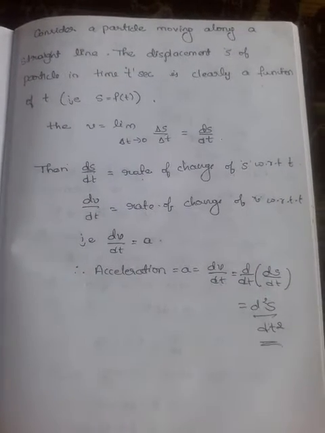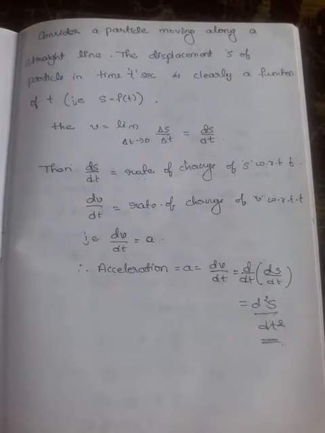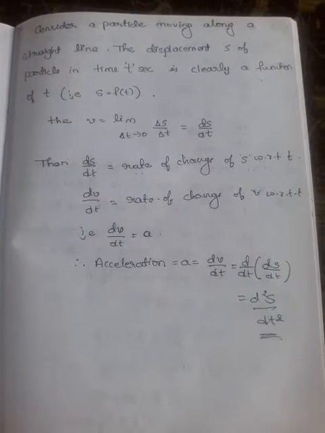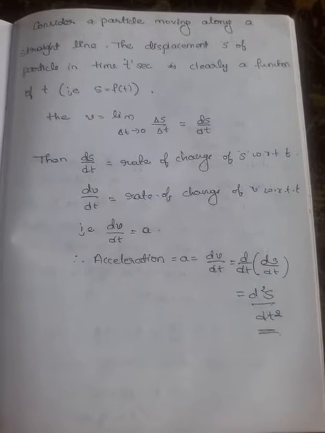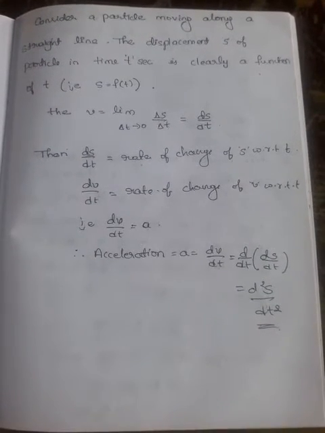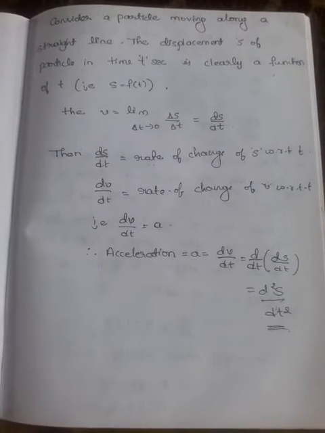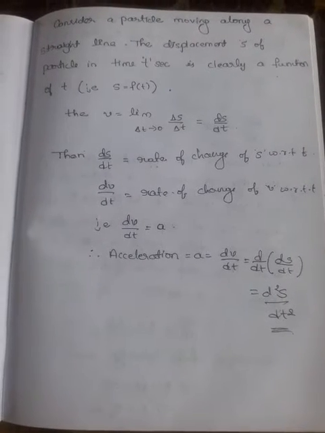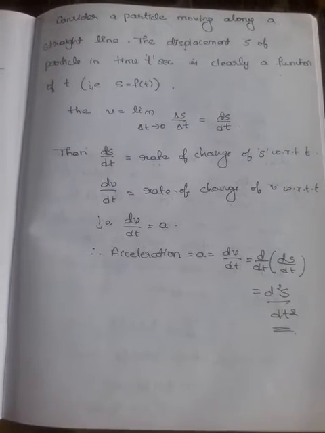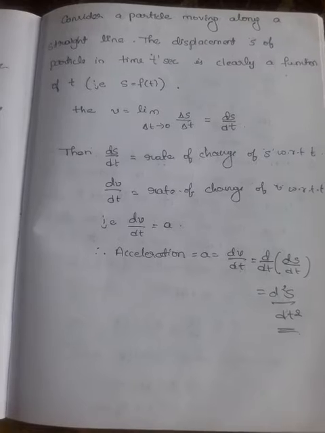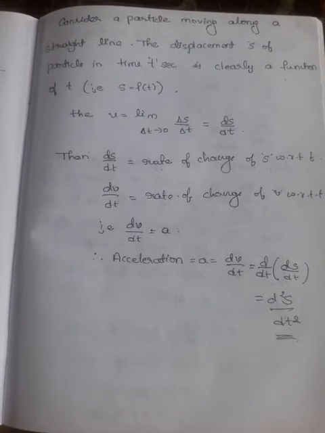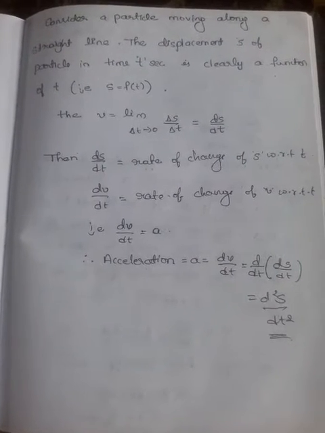That means the displacement s of a particle in time t. Here s is a function of t. After some time t, from a particular instant the particle would have moved to another position.